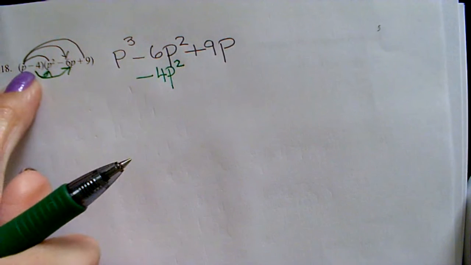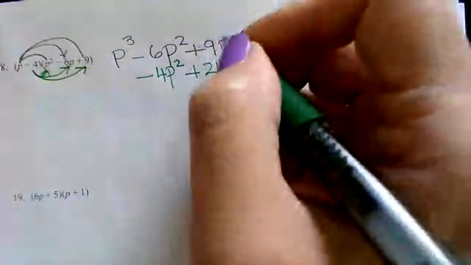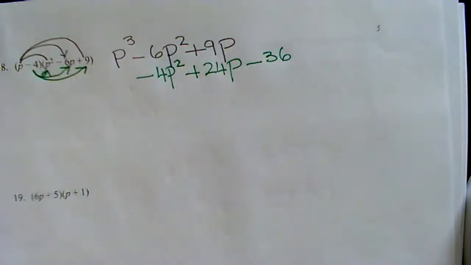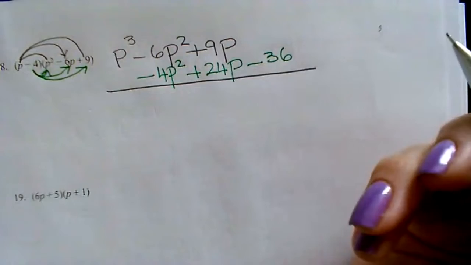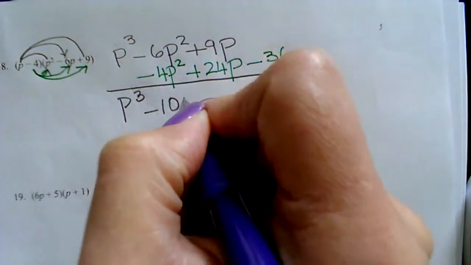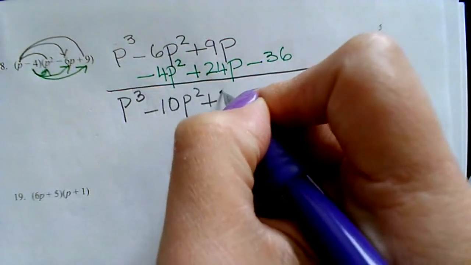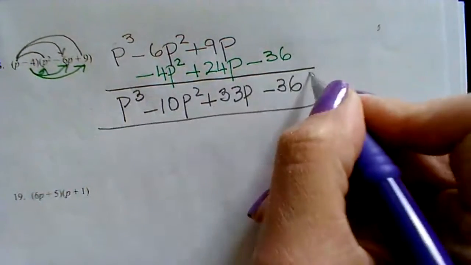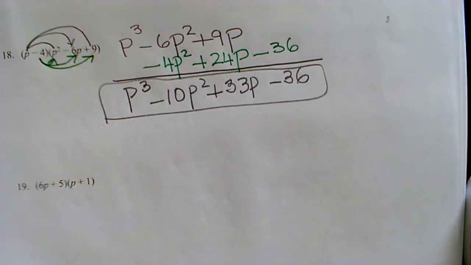Negative 4 times negative 6 is going to be plus 24p. And the last one is going to be negative 4 times 9, which will be negative 36. There we go. So this one doesn't have any value. Here's going to be 10p squared. Here's going to be 33p minus 36. I think it's a lot easier just to do it this way, in my opinion, okay?